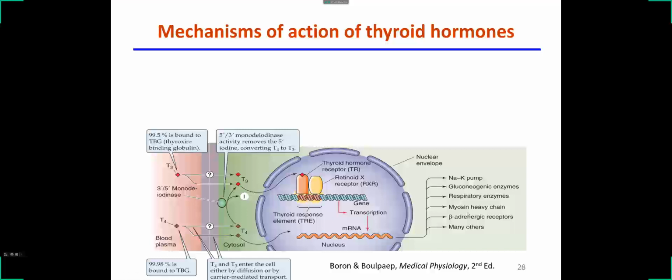It will alter beta-adrenergic receptors, which have to do with a variety of things, including metabolism, heart rate, body temperature, amongst others. And many other genes can also be impacted by thyroid hormone.